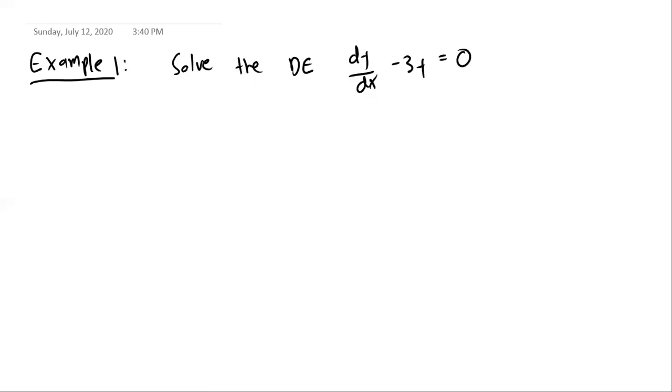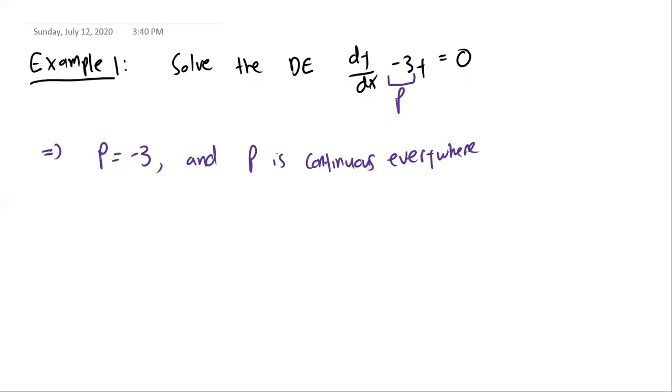Okay? So in our case, our p is -3. Remember, p is whatever's in front of y. Right? So for our purposes, p is -3 and p is continuous everywhere. Right? Because it's a constant. Right? So for us, this implies that whatever integrating factor we find is going to work over all real numbers.